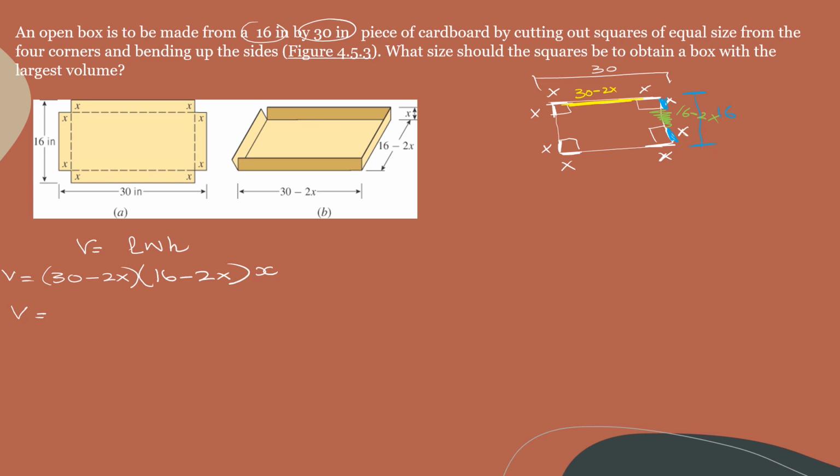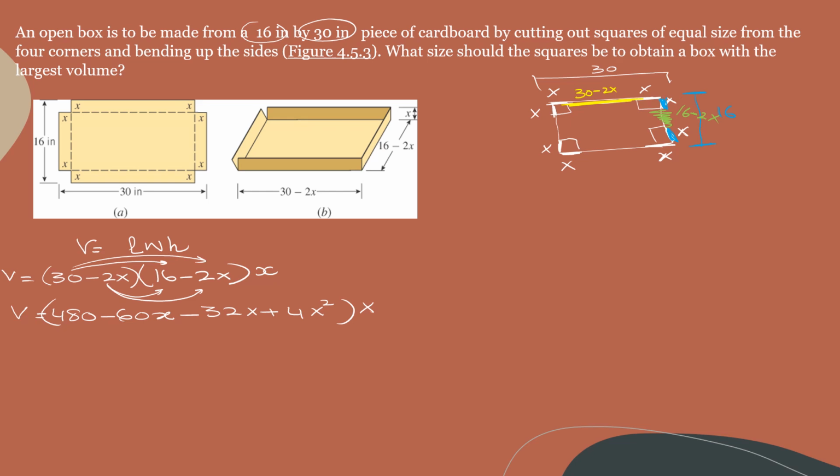So let's open the bracket. 30 times 16 gives us 480. 30 times negative 2x gives us negative 60x. 16 times negative 2x gives us negative 32x. Negative 2x times negative 2x gives us 4x squared. And there is one x which is outside.